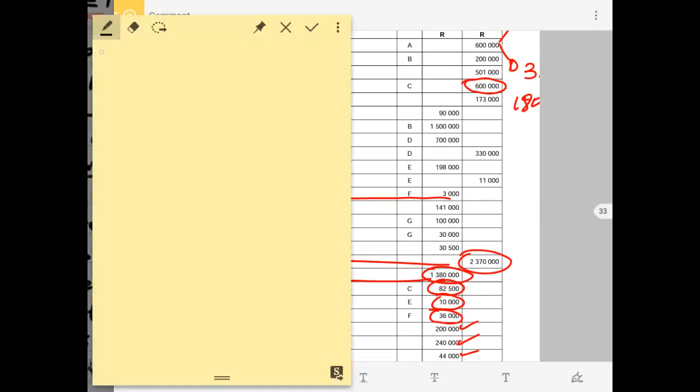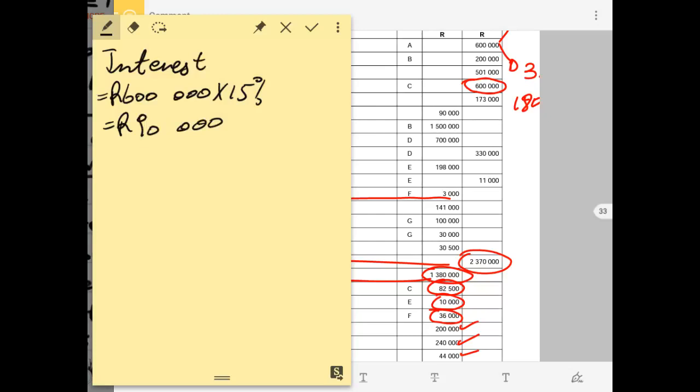Let me just do that again. The interest on this loan will be calculated by saying interest is from 600,000 rands of the loan, and we times this by 15%, and it gave us 90,000 rands. 90,000 rands is the interest per annum, but interest of 82,500 rands was already paid.